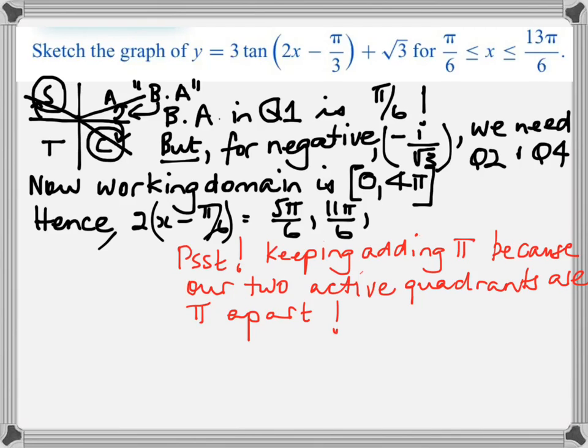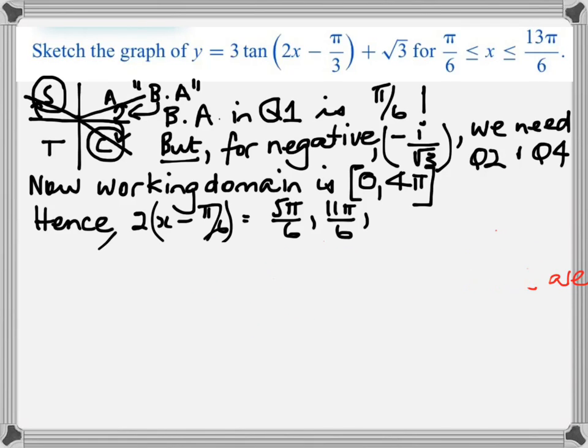He's saying all you have to do from now on is just cruise, that is, keep adding pi, because tan, unlike sine and cos, just repeats every pi. You don't have to worry about uneven distributions of angles like in sine and cos. These are always separated 180 degrees apart in tan.